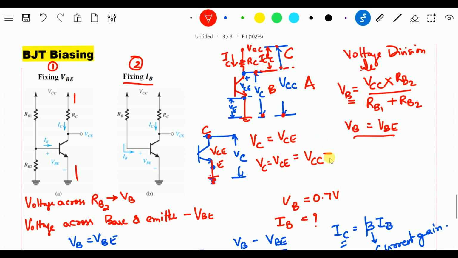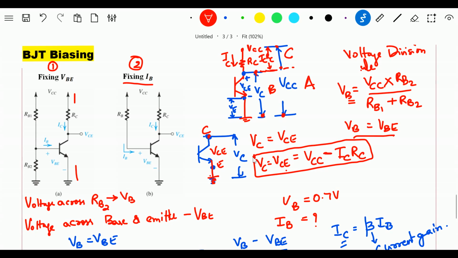That is what I am doing here. My B is nothing but VC, and that is equal to the total voltage, which is VCC, minus the part C, which is ICRC. This is the equation that we use to find VC.